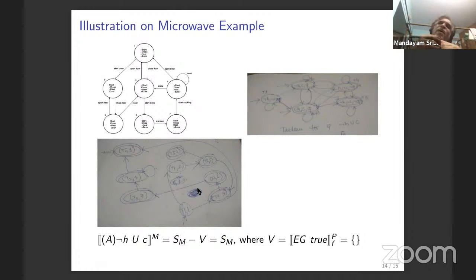Therefore, you should get it in one iteration because you're not nesting fixed points, as you would in a nested formula. So the fixed point convergence at that level will depend on the recurrence diameter of this product machine.